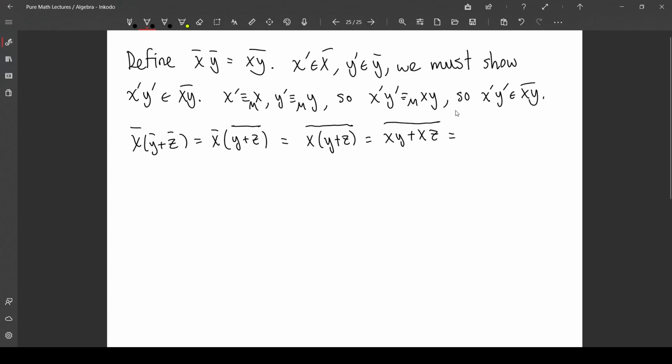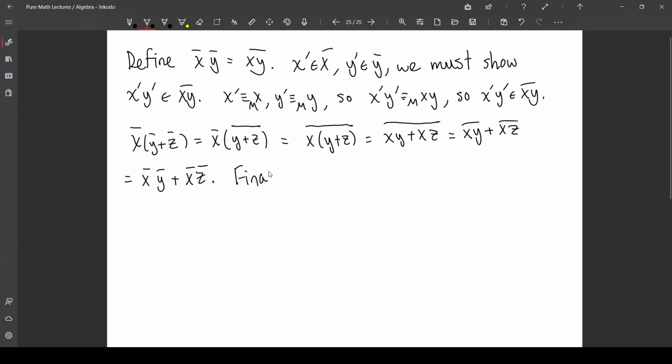Then we can break this up over addition, so this is xy bar plus xz bar, which is x bar y bar plus x bar z bar.